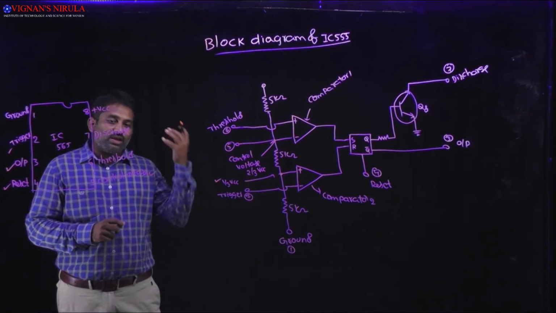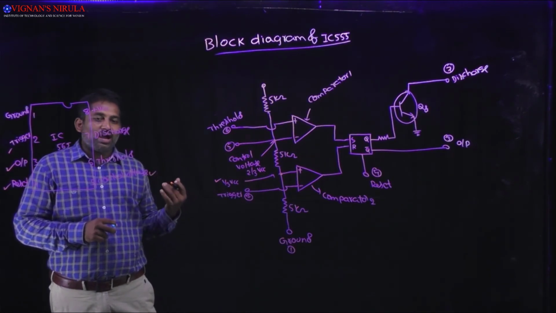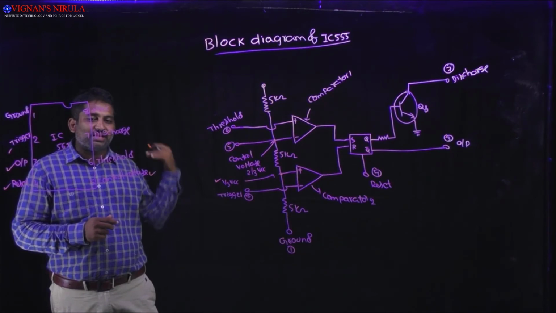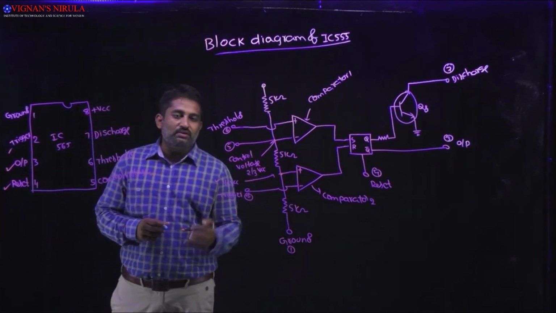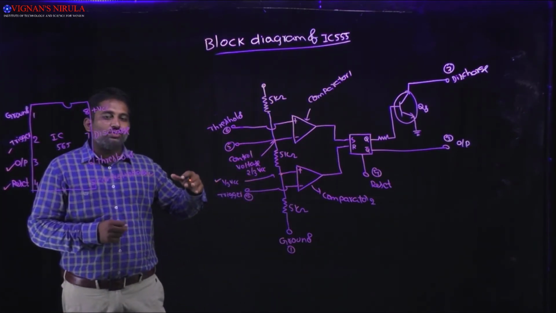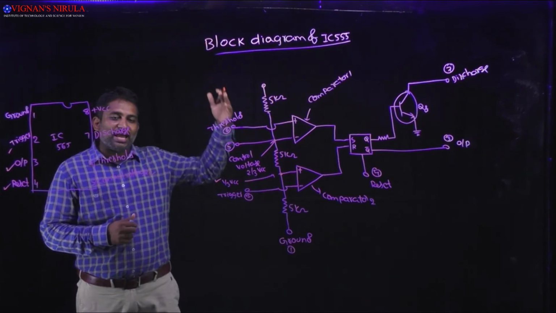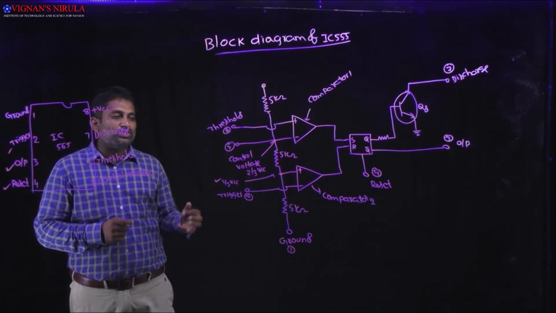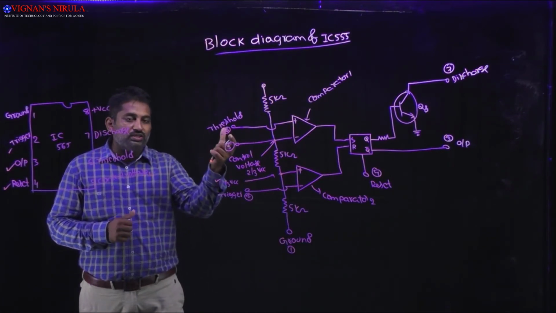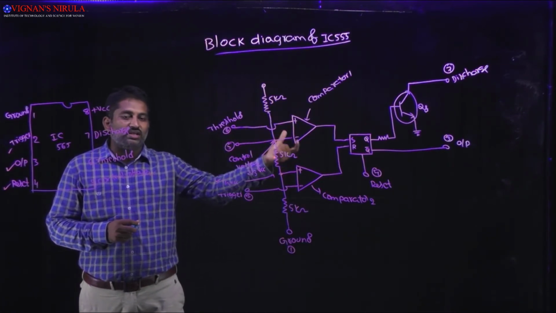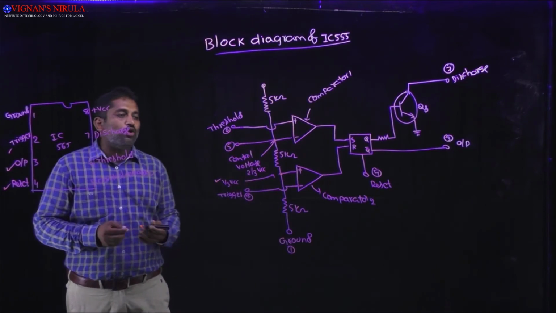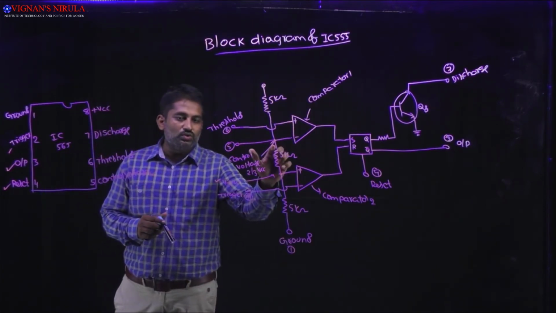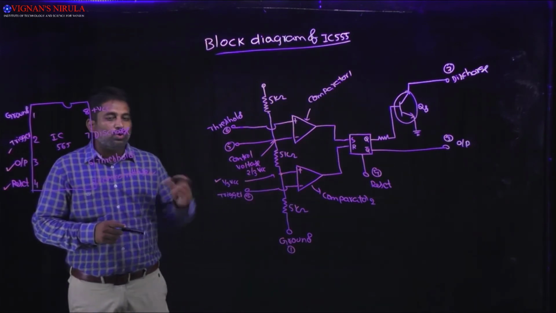Whenever you require an external control voltage, you apply the external input at this pin, changing the control voltage to greater than or less than the 2/3 VCC value, which is used for producing pulse width modulated output signals at the output side. So in most cases we will not use external control voltages.